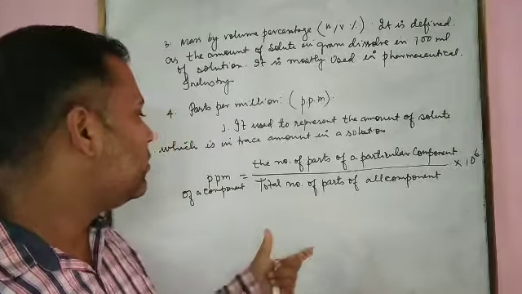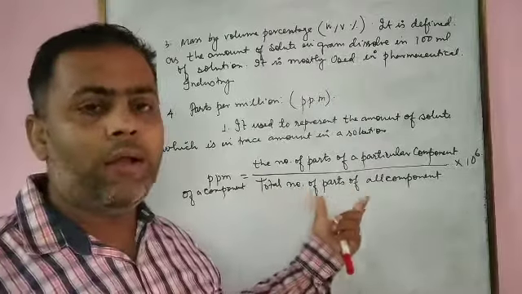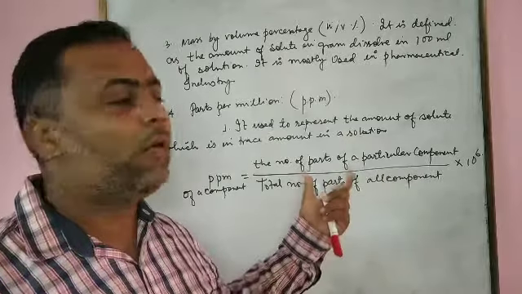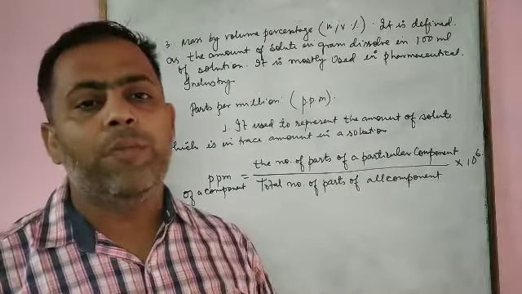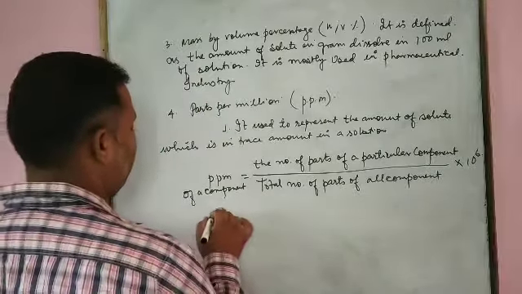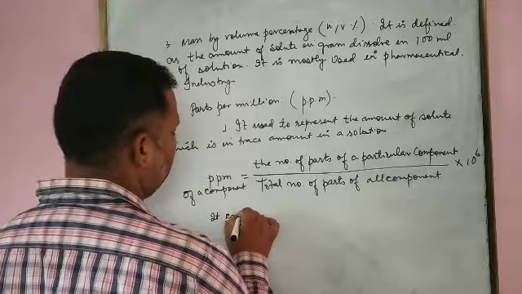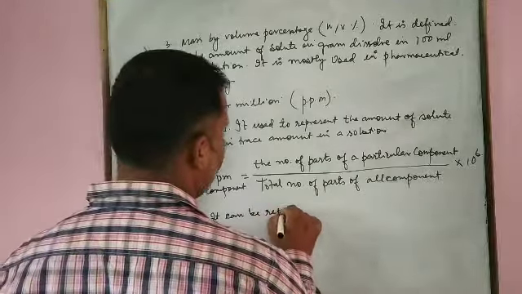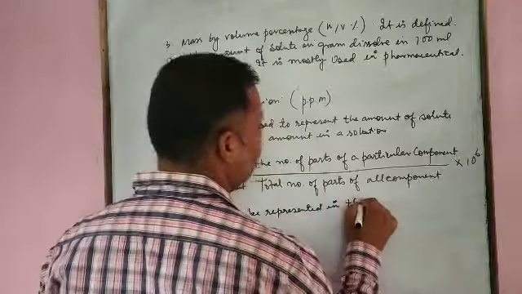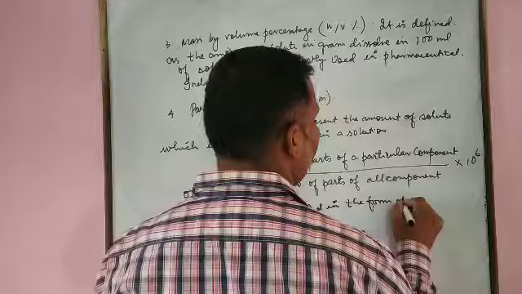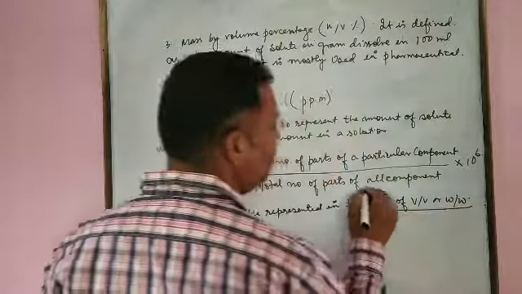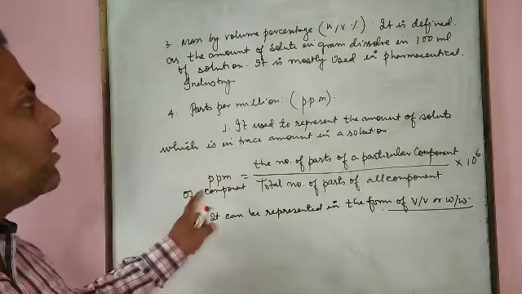Then it is termed W by W. If we take the volume of the components, that is of the solution and the solute, then it is termed V by V. It means ppm can be represented in the form of V by V or W by W. In both forms, we can represent parts per million.